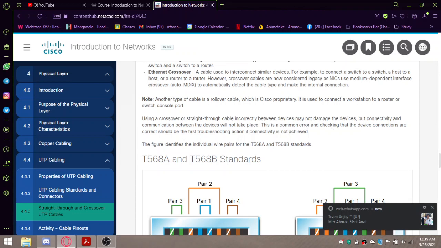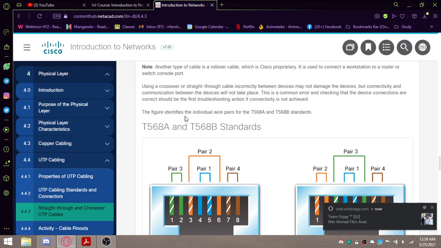This is a common error, and checking that the device connections are correct should be the first troubleshooting action if connectivity is not achieved. The figure identifies the individual wire pairs for the T568A and T568B standards.